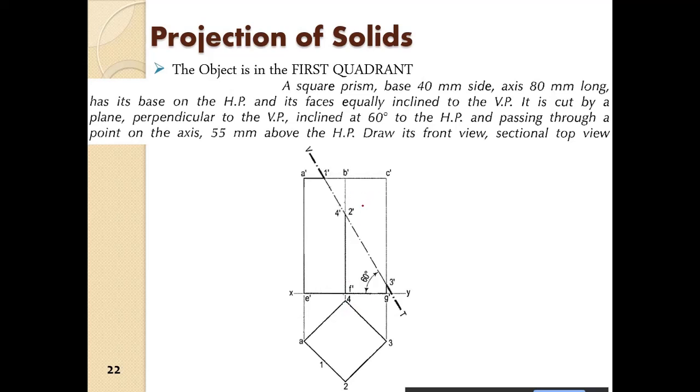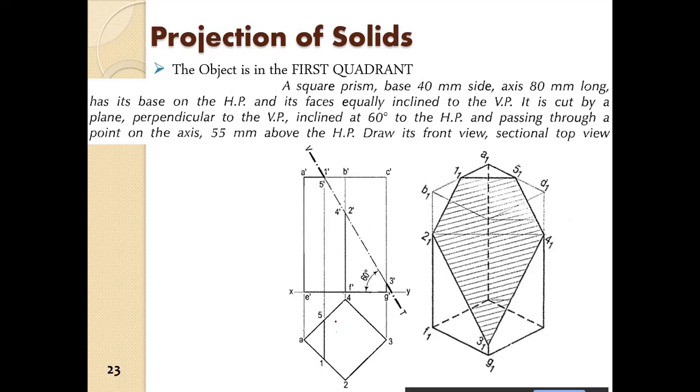Get the front view, get the intersection plane, and then you drop the projections here. So 4 and 2 will be on the edge definitely, because had it been a cone or pyramid, it would have been like this, right? So that option we have to keep in mind.